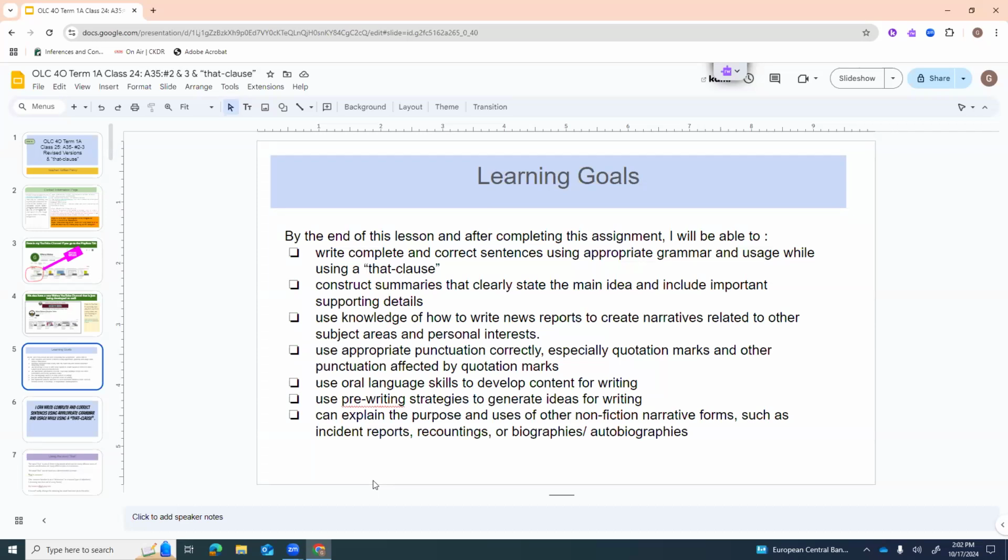Use knowledge of how to write news reports to create narratives related to other subject areas and personal interests. Use appropriate punctuation correctly, especially quotation marks and other punctuation affected by quotation marks. Use oral language skills to develop content for writing. Use pre-writing strategies to generate ideas for writing, and can explain the purpose and uses of other nonfiction narrative forms, such as incident reports, recountings, or biographies and autobiographies.